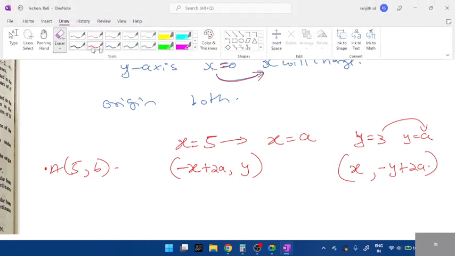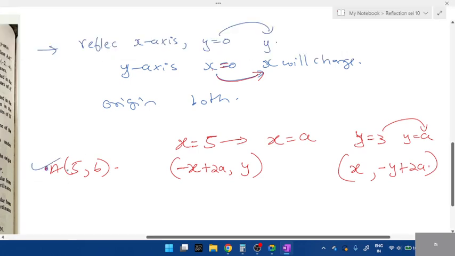Now, how do you apply this formula? For this point, 5 comma 6, it lies in the first quadrant. You have to find its object. Okay, you have to find its object.